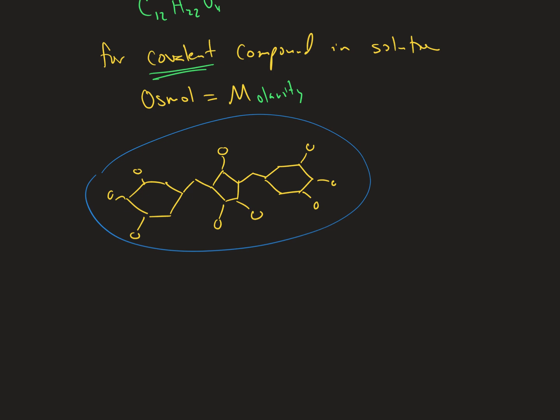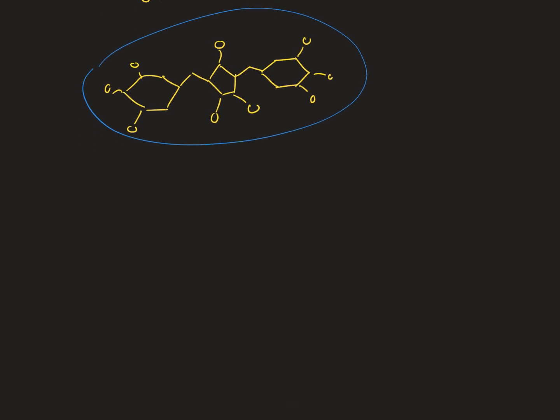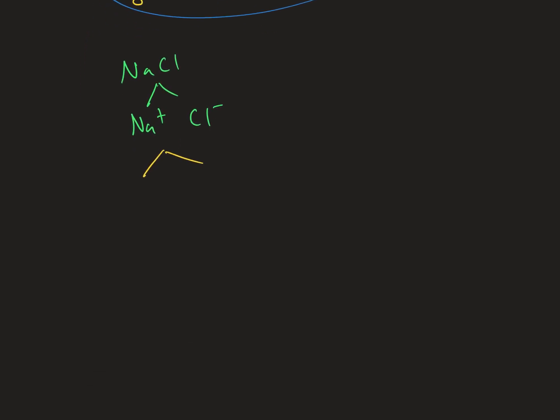What's the difference between dissociate and dissolve? Dissociate is like when it's separate. Okay, good. Great question. NaCl will dissociate into Na plus and Cl minus. Then what happens is sodium will be surrounded or solvated by water. I'm just going to draw it like this.